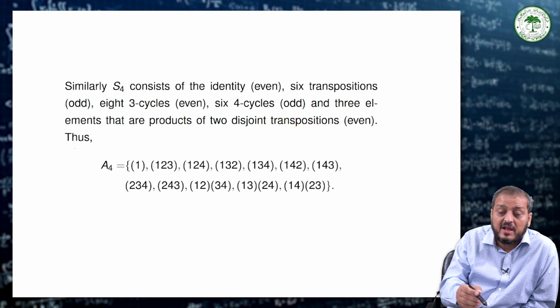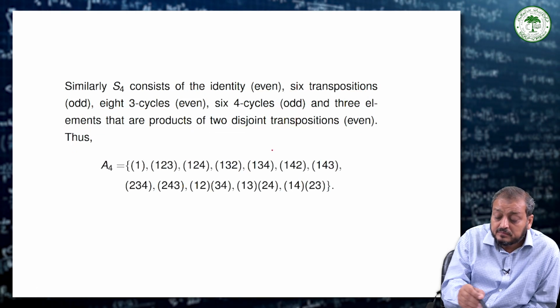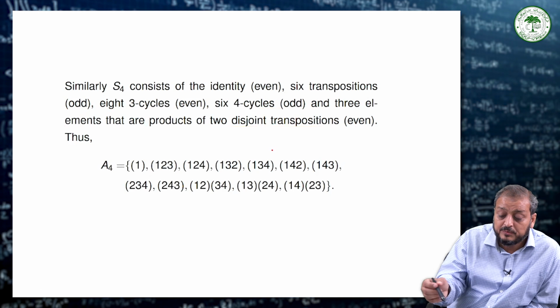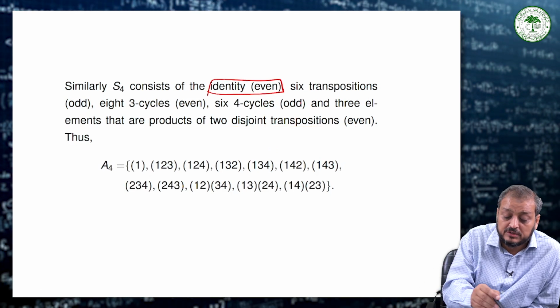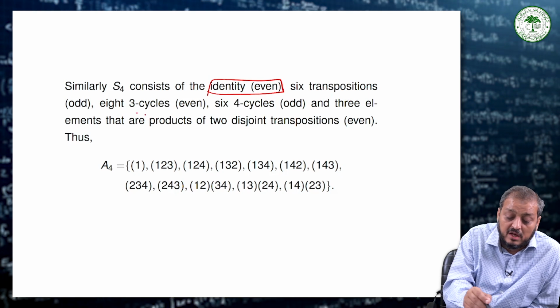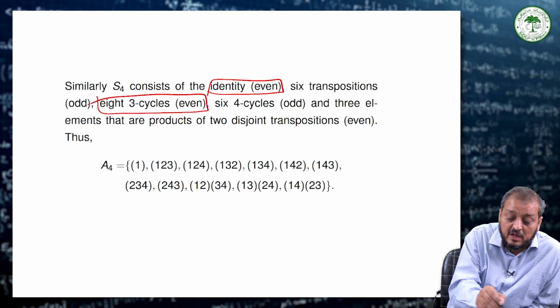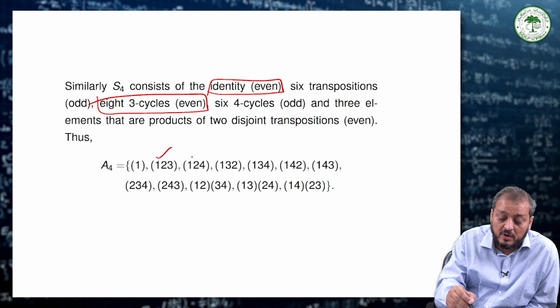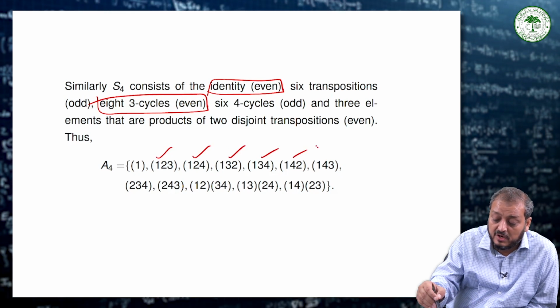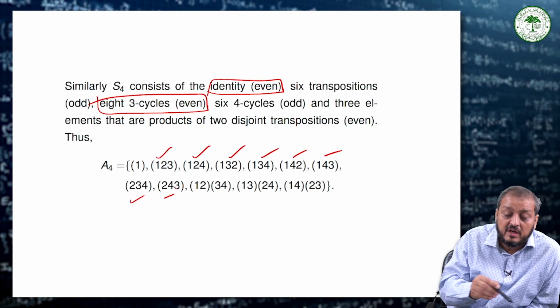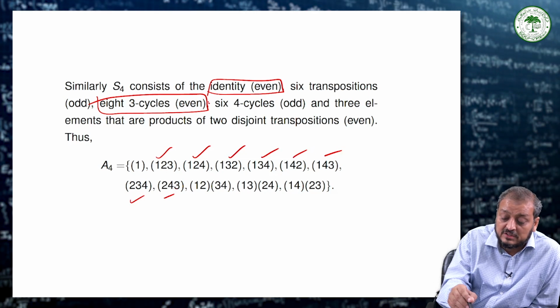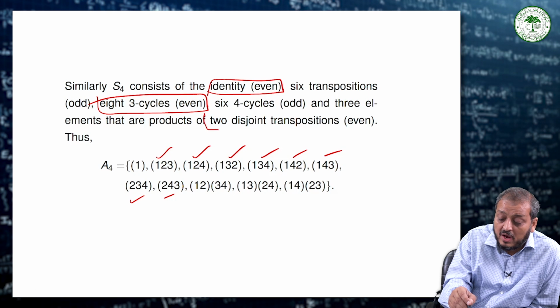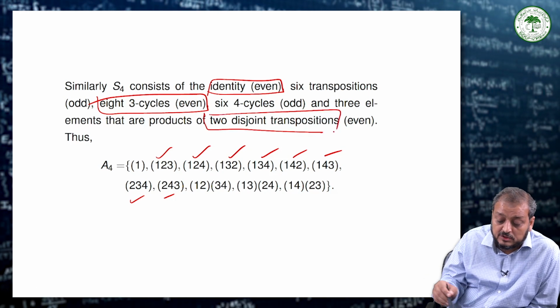So, that means we have a collection of the even ones. The identity is even, so you have 1, and the 6 transpositions are odd. So, the 8 are the 3-cycles: 1, 2, 3, 4, 5, 6, 7 and 8. These are the 8 three-cycles. Now, the transpositions are odd. Now, we have the products of 2 disjoint transpositions, and we write out the products.